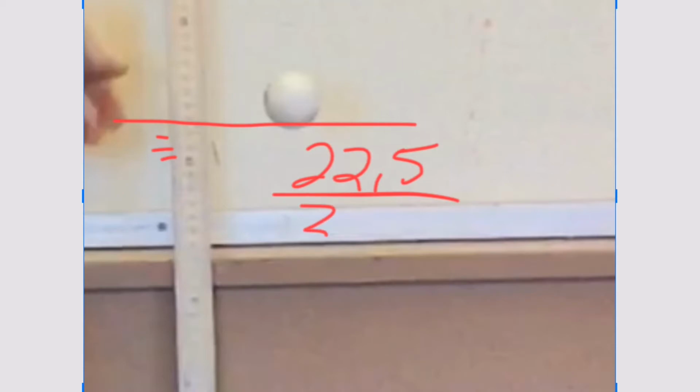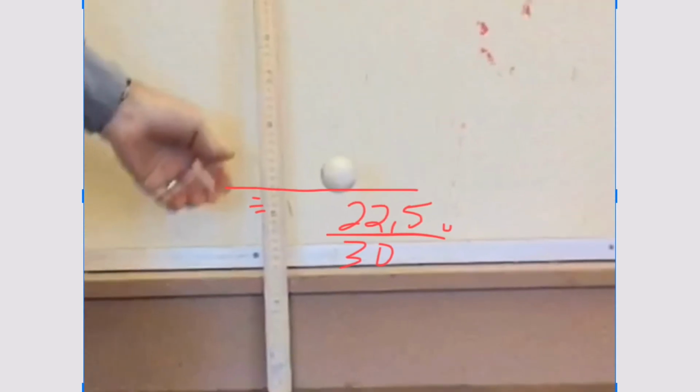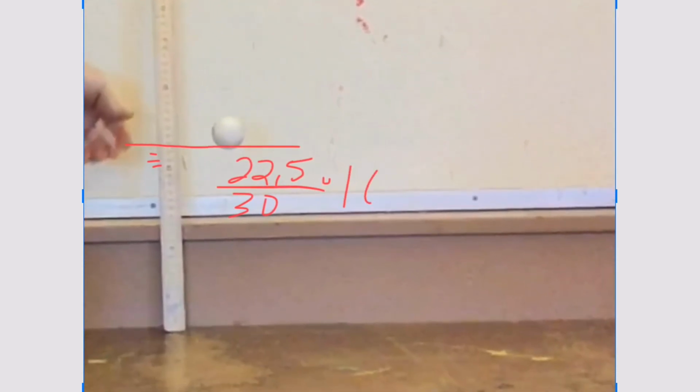It was at 30. Okay, so let's multiply this by 100. And what does that equal? Take a guess. 75%.